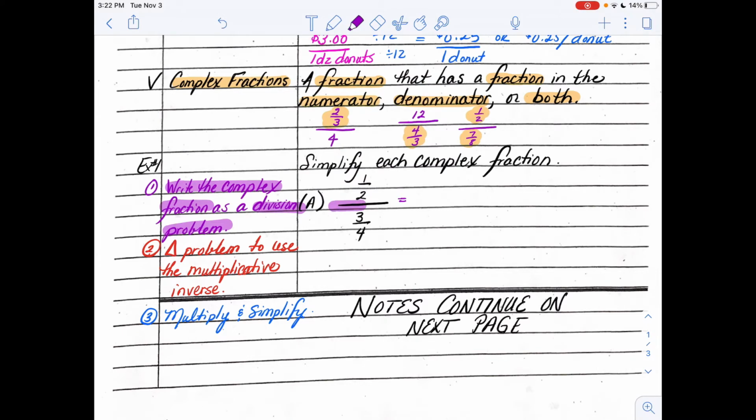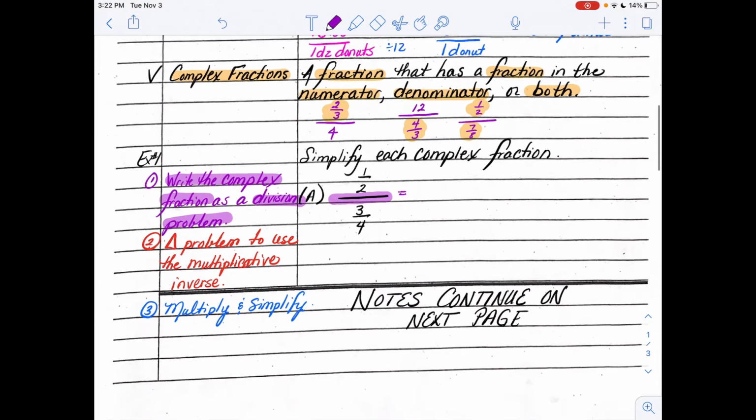We know that. That line right here stands for a division problem. So really, the numerator is being divided by the denominator. So instead of putting it on top where that complex fraction can look so confusing, I'm just doing it horizontally, writing it as a division problem.